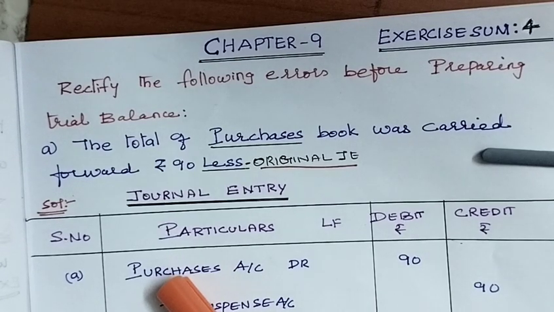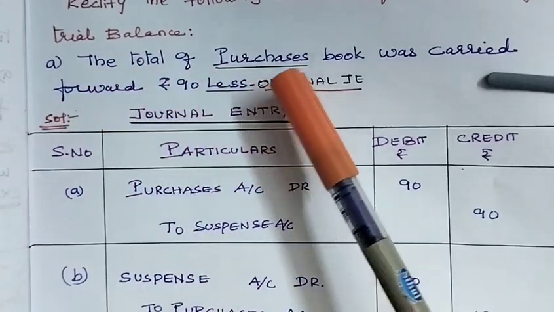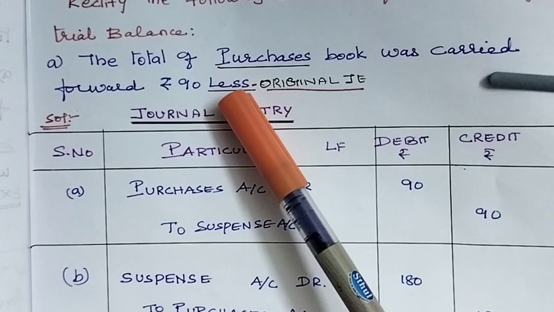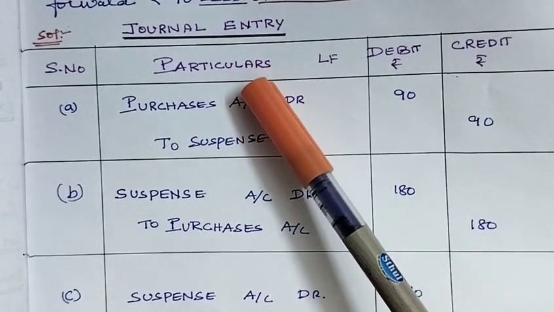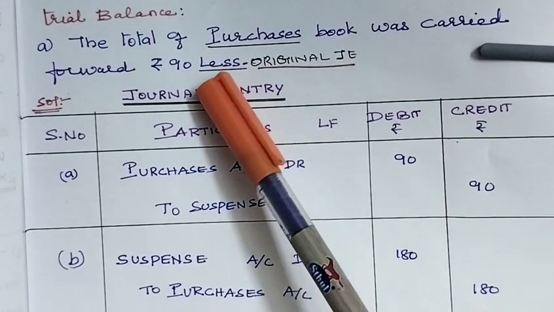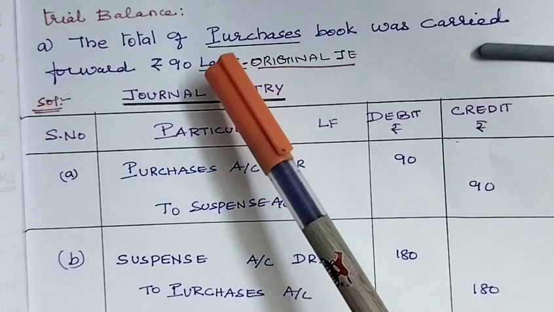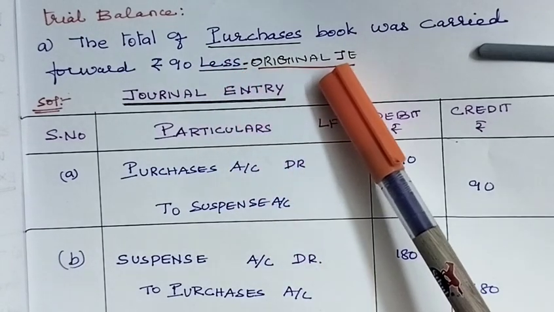Okay, let's see the first transaction: the total of the purchases book was carried forward rupees 90 less. So here we prepare the journal entry. Whenever you see the words less, short, under cost like this, you have to follow the original journal entry.